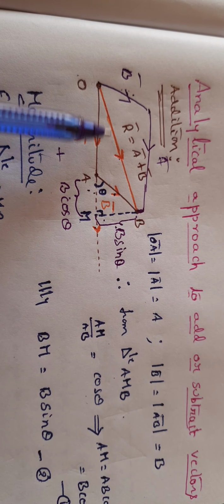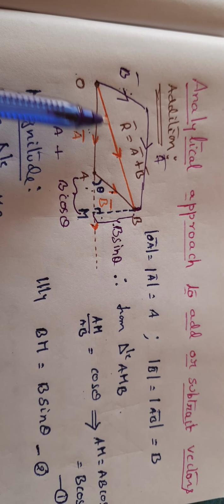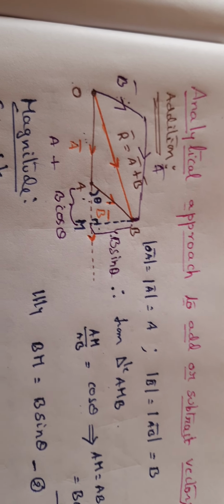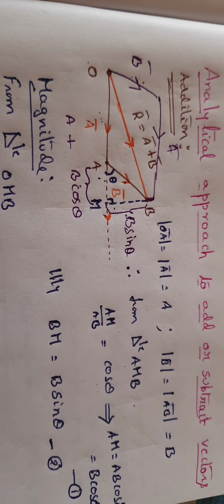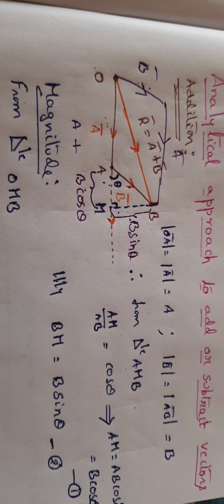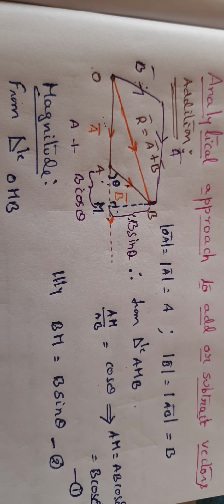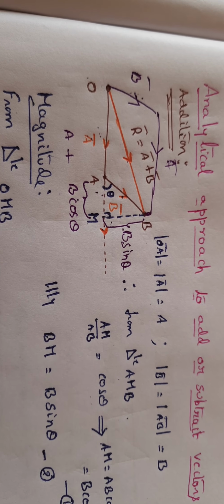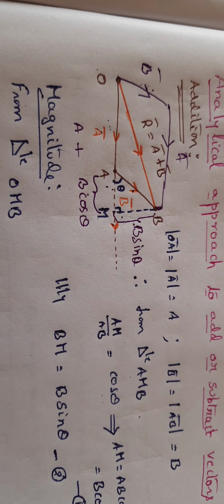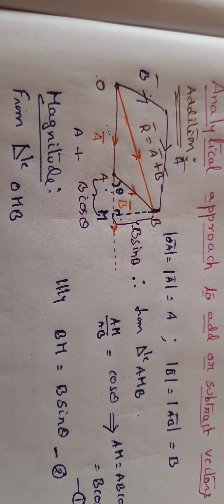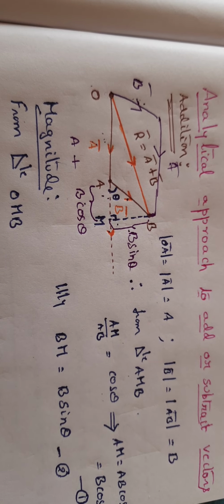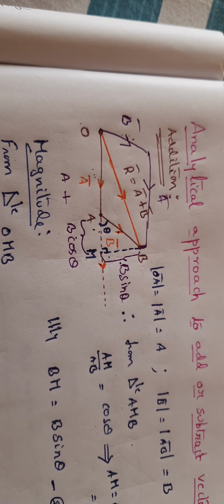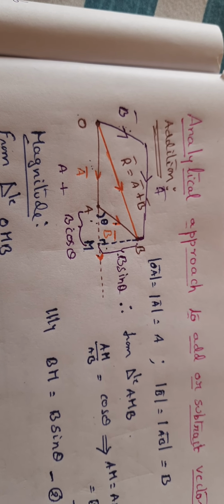We just took a vector from O to A and A to B, and you know that from addition of vectors OB is going to be the resultant. That's all. And from there we could find out the R value to be equal to square root of A square plus B square plus 2AB cos theta. And now we are converting this diagram into a parallelogram, which is there in your textbooks, right?